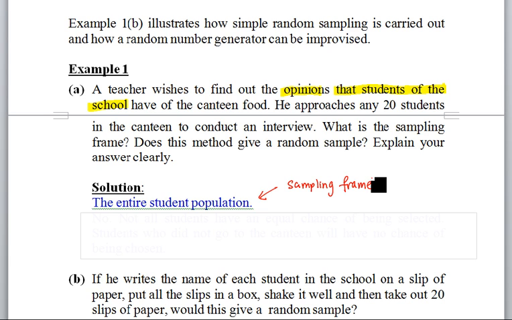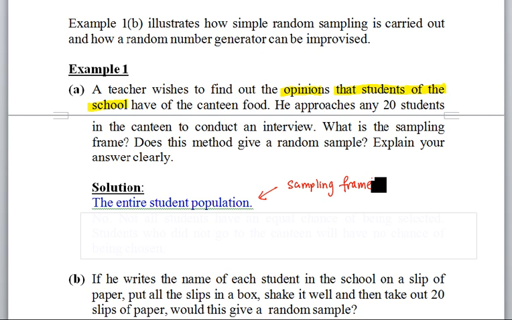To answer the next question, does this method give a random sample? Let's recall the definition of a random sample. A random sample is one where every single member has an equal chance of being selected. Does this give rise to a random sample?